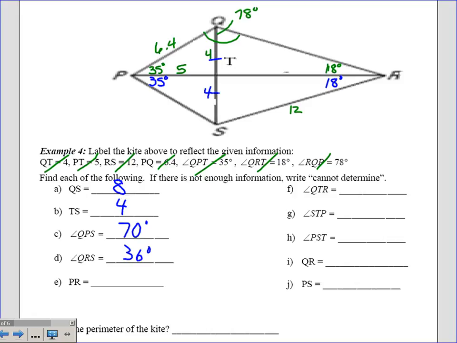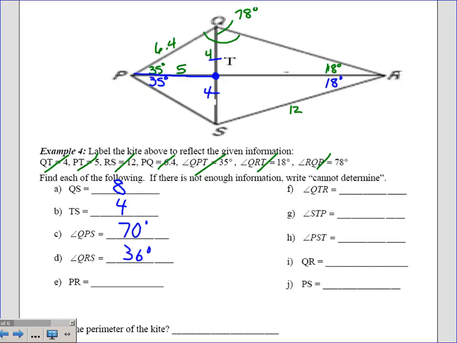PR, can we figure that out? Okay, so if someone said, hey, if this is 5, then the other part has to be 5. Is that right? No. I don't think we know how long TR is. I could probably mathematically figure it out using the Pythagorean theorem or something, but I don't think that's really what it wants us to do.